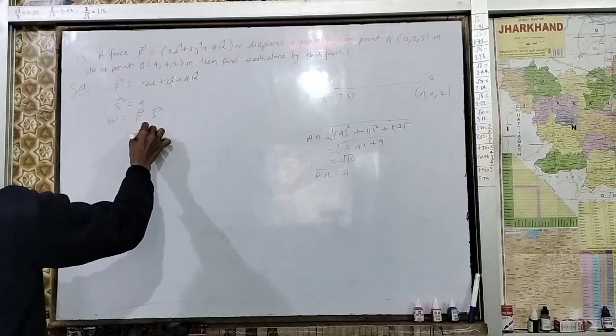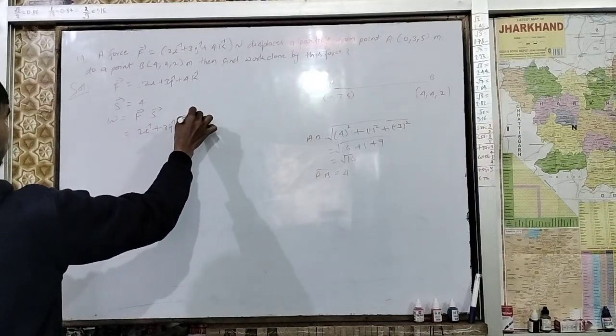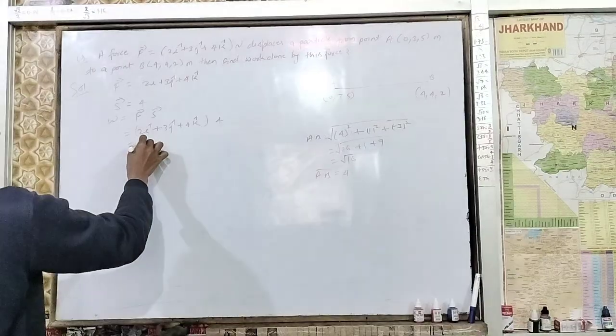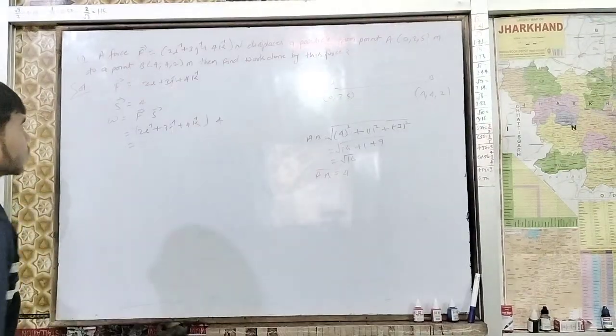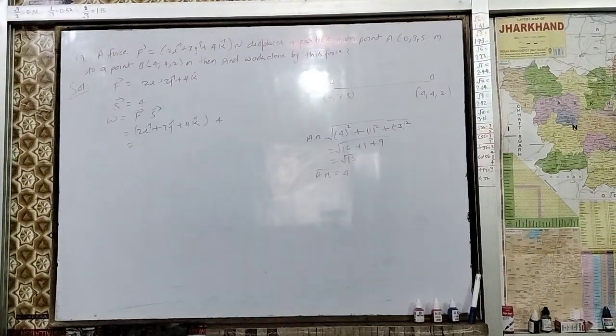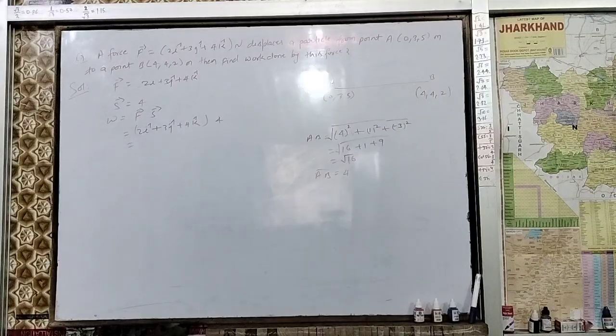So F is 2i cap plus 3j cap plus 4k, and just multiply all this by 4. You will get how much? The answer should come without a direction.